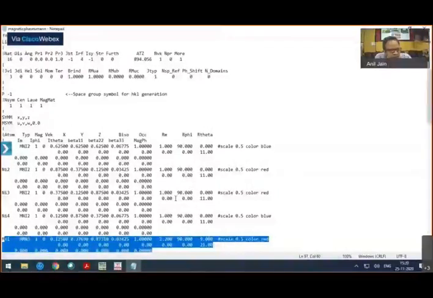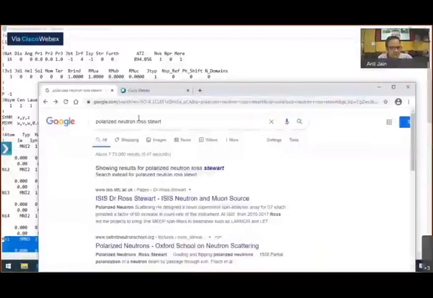So if you know the coordinate of one atom, what you can do is you can go to this Bilbao crystallographic server.